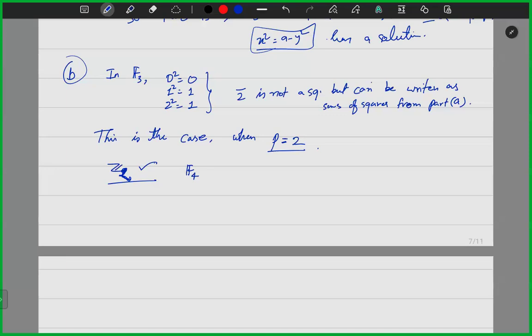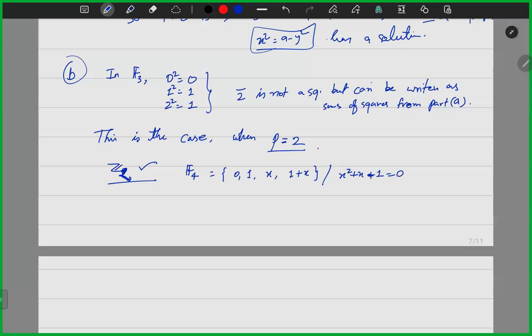the elements are x and x plus 1. So this is 0, 1, x, 1 plus x. We have this relation, x square plus x plus 1 is equal to 0.